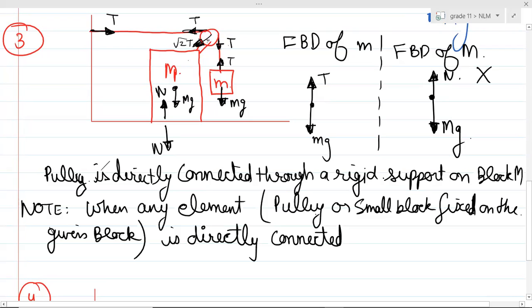Okay. Now Cyril, you are back. So Cyril, we are learning this thing. See, whenever you have any block, any element, can you see this pulley is directly attached to this capital M block?